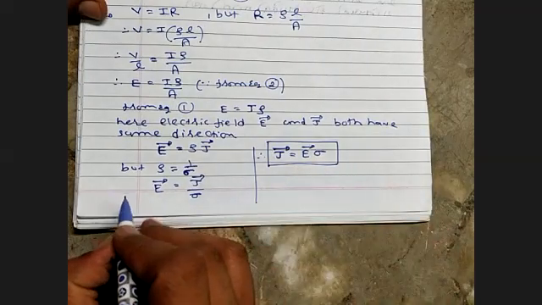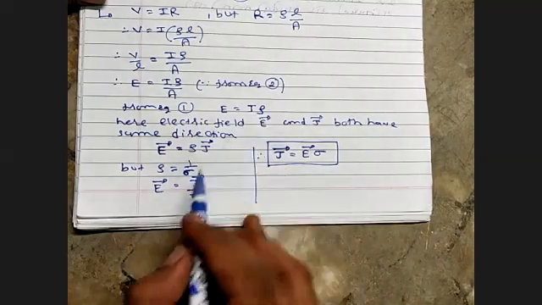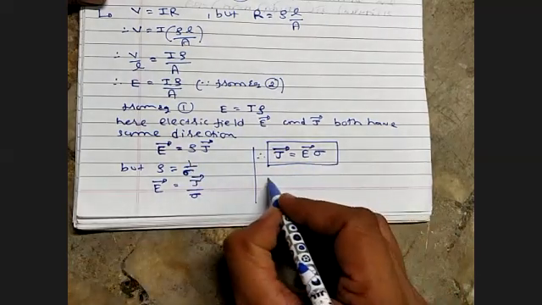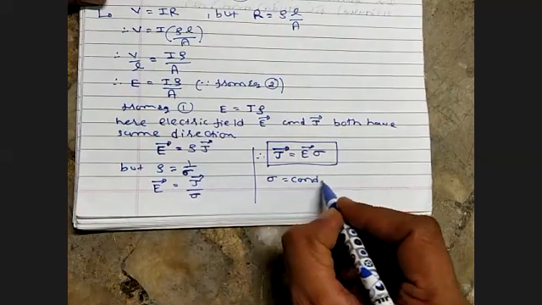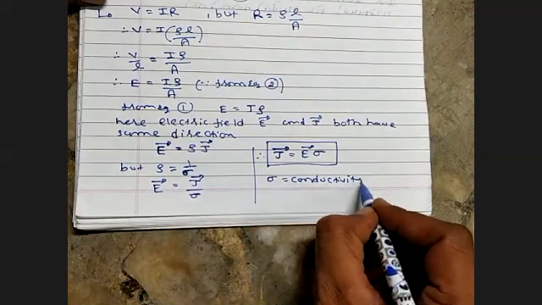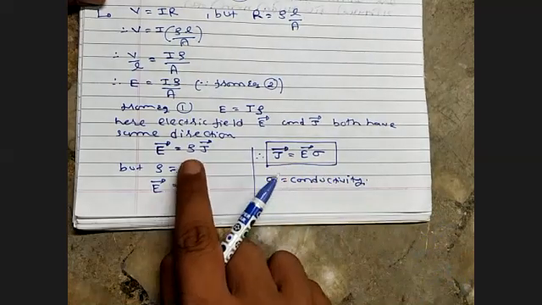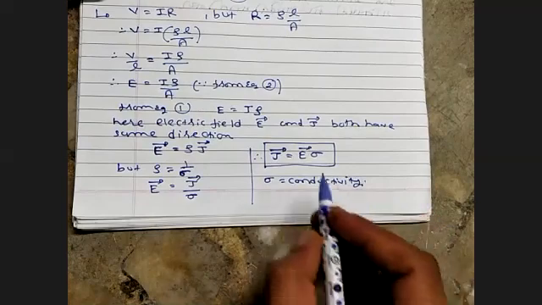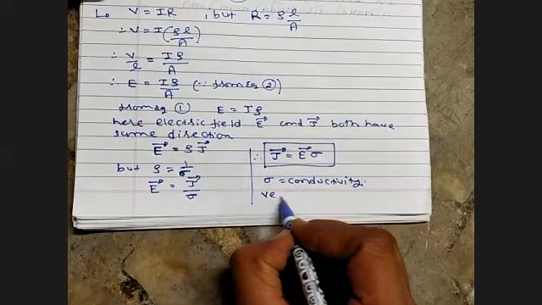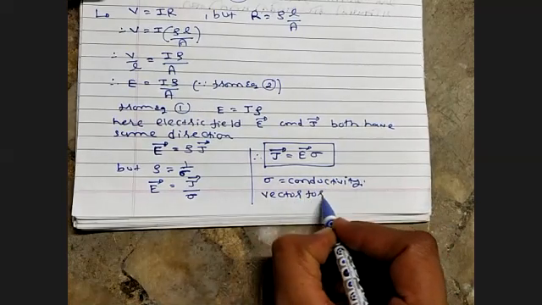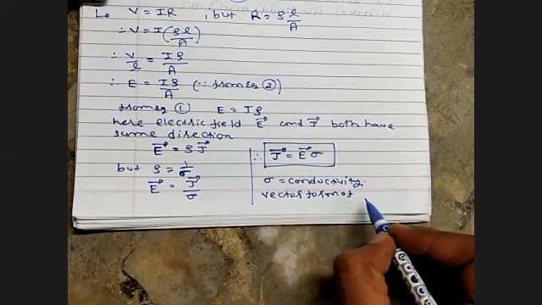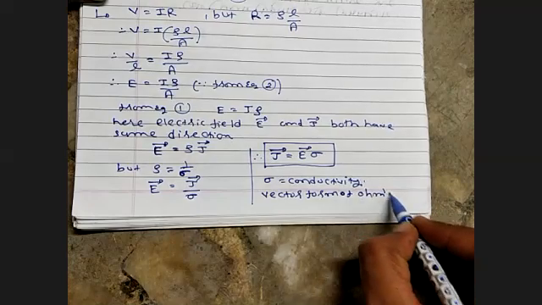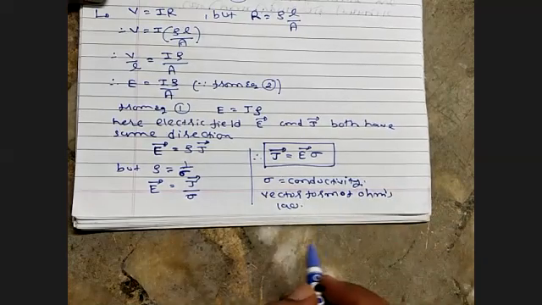Here rho is the resistivity and sigma is the conductivity. That is the main equation, the vector form of Ohm's law.